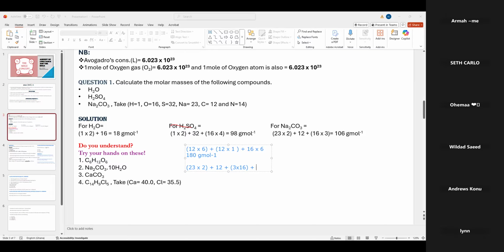So let's put our 10 first, and then bracket open 1 times 2 plus 1 times 2 bracket close plus 16.